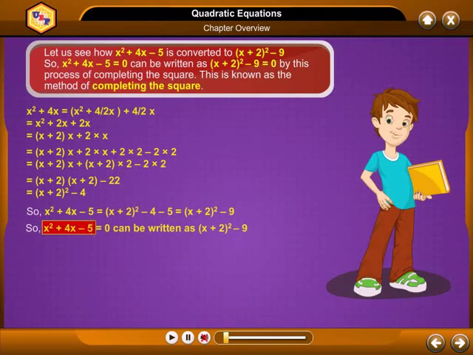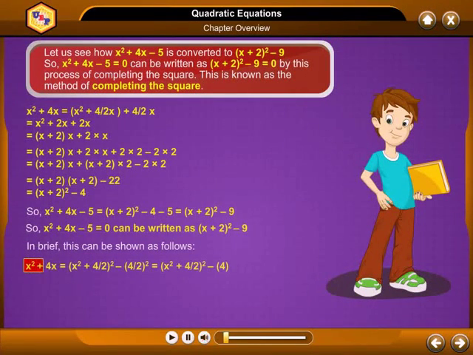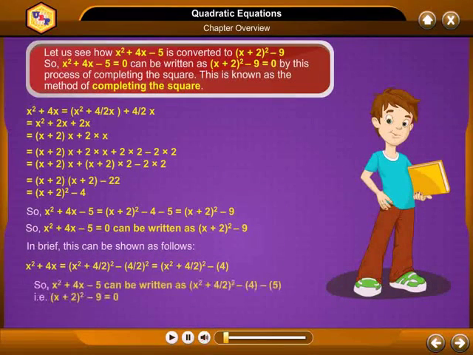So, x² + 4x − 5 = 0 can be written as (x + 2)² − 9. In brief, this can be shown as follows. x² + 4x = x² + 4x = (x + 4/2)² − (4/2)² = (x + 4/2)² − 4.